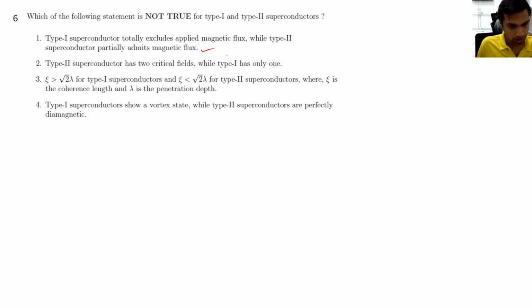Type 2 has two critical fields, while type 1 has only one. This is also true. If you look at the field plots, it will look something like this. This is one critical field, this is another: C1 and C2.